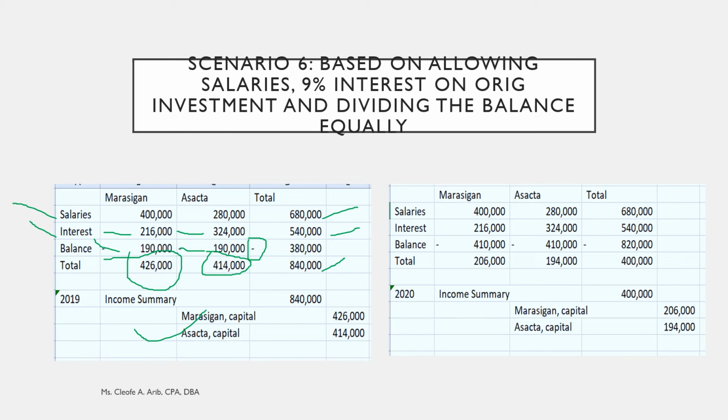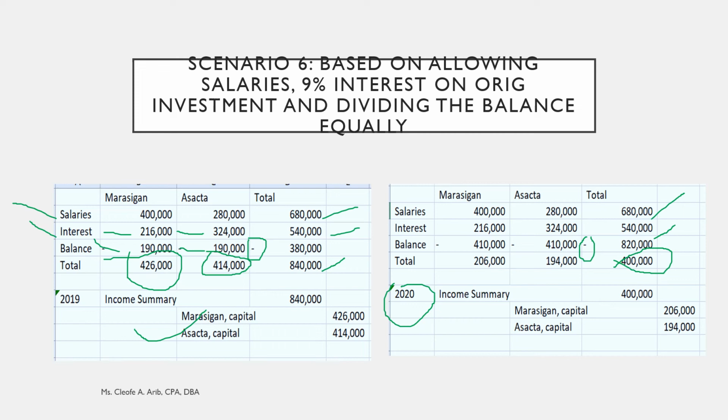Then we go to 2020. The process is exactly the same. So you give salaries, you give interest. Again, the salaries plus interest is way more than 400,000. So there is an excess of how much? 820 negative. So what will we do with the excess?